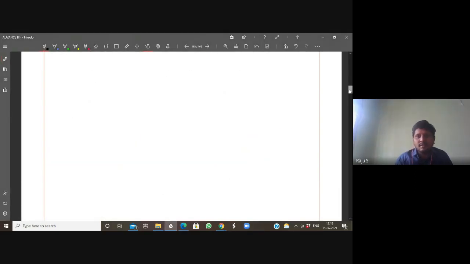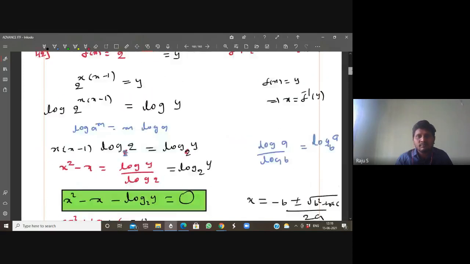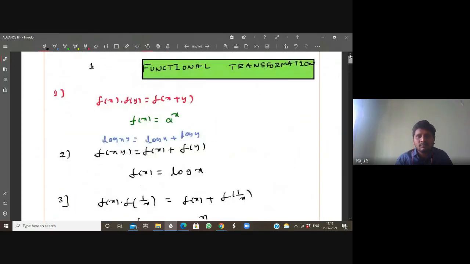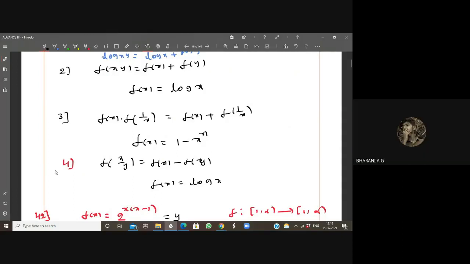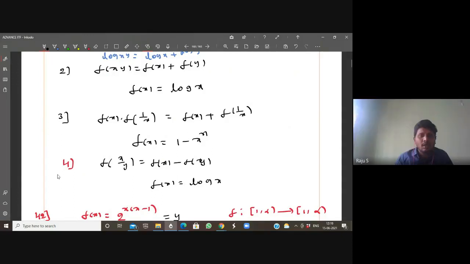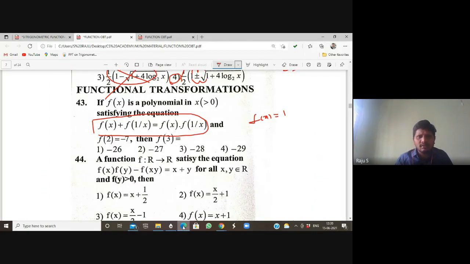Yeah, let's see it. What is the function? So f of x equal to 1 minus x power n. Let us see now whether it is satisfying.